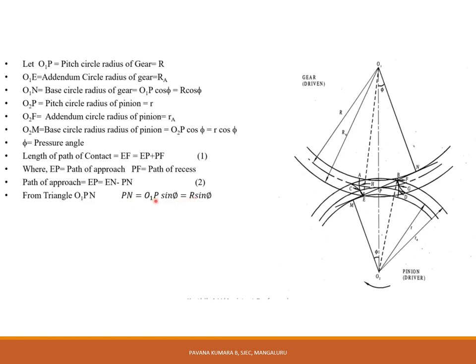O1P we already wrote: it is capital R, so PN equals R sin phi. Next term is EN. How can we find EN? Join O1 to E with a dotted line.